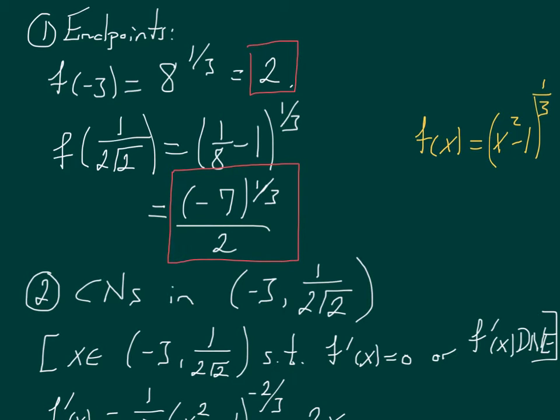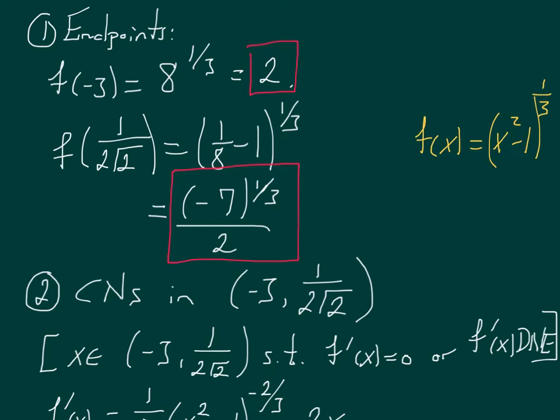All right, so what are we supposed to do? Well, we're supposed to compare the values that f takes at the two endpoints, so this value and this value, and the values that f takes at the two critical numbers. We evaluated those below, and the largest of all these numbers is the absolute maximum value of f on our closed interval, and the smallest of all these numbers is the absolute minimum of f on this closed interval.